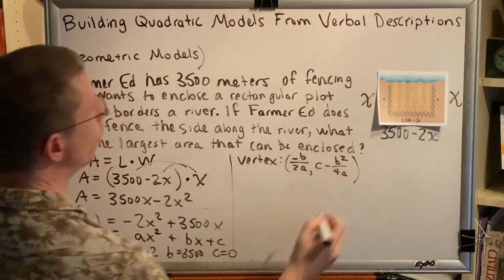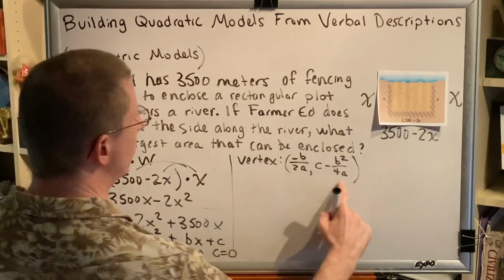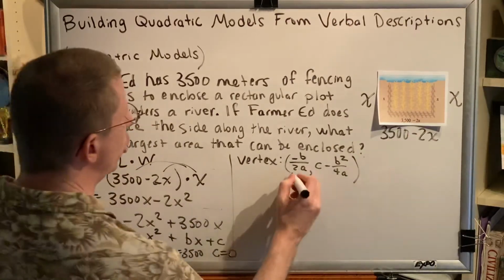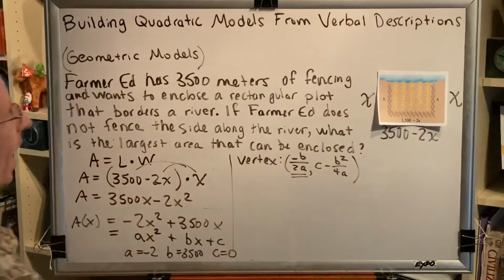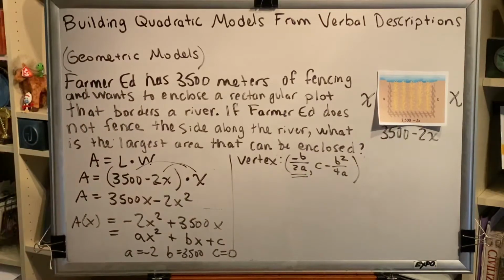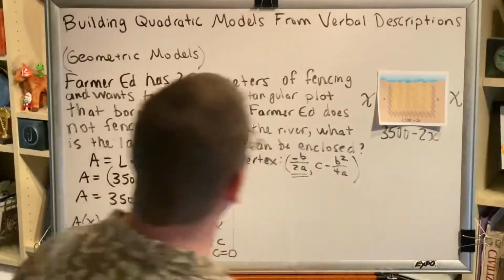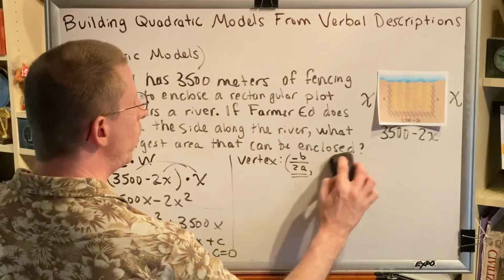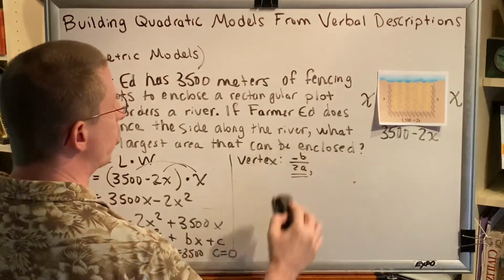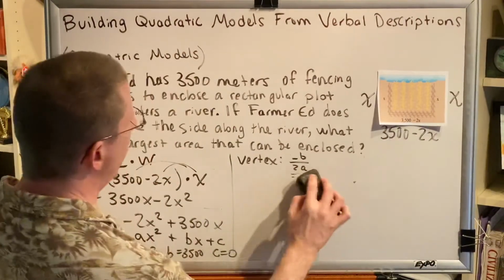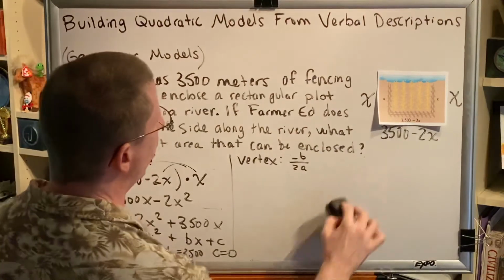However, if you prefer, instead of plugging into c minus b squared over 4a, you can simply find this value for x, plug it into your equation, and that will tell you A. Since in a previous video we used c minus b squared over 4a, in this video we will simply find the x coordinate of the vertex, which will tell us x, and then plug into our equation.